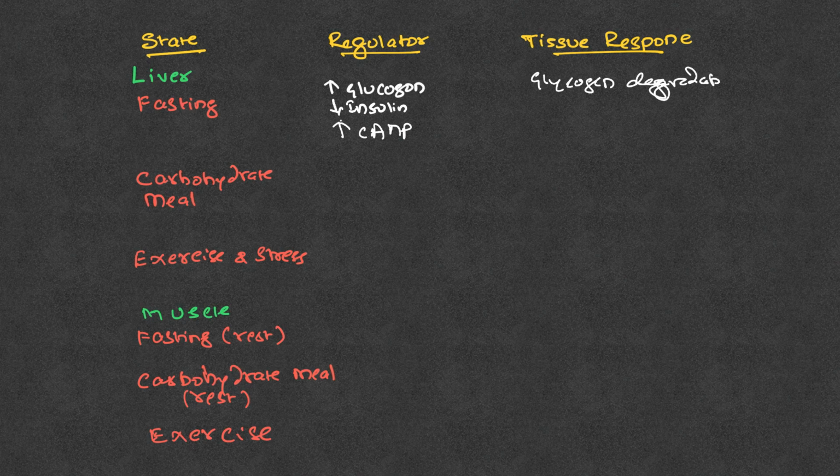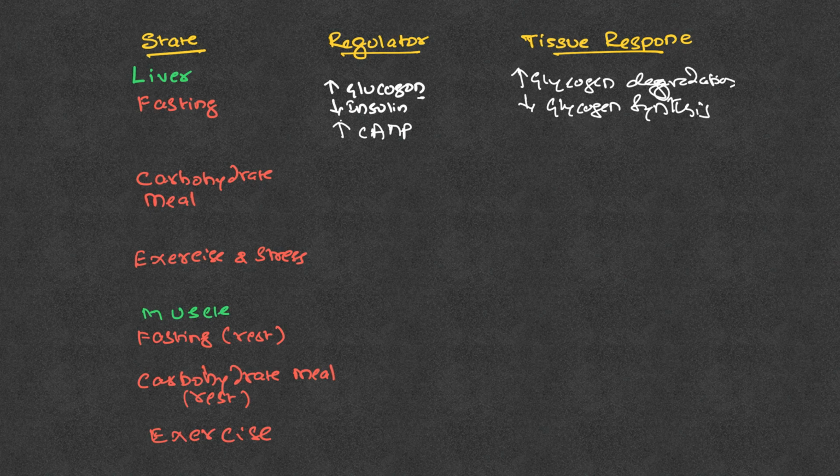That's what happens under fasting condition: increase in glycogen degradation and decrease in glycogen synthesis, because under fasting condition glucose is not available sufficiently. It's all about glucagon, which keeps your glycogen phosphorylase active, that's why glycogen degradation is increased, whereas insulin is down, and that's why glycogen synthesis will be decreased.